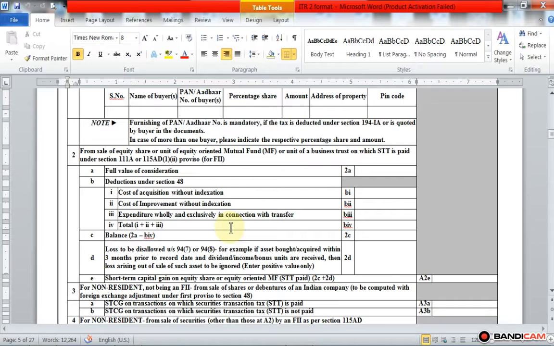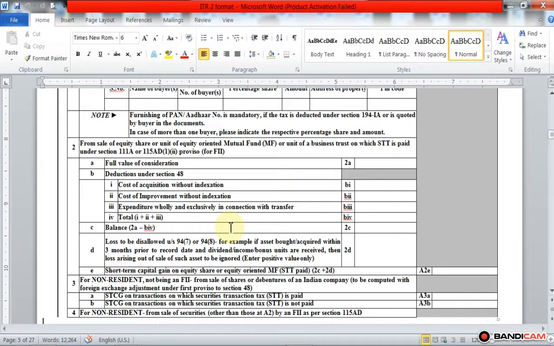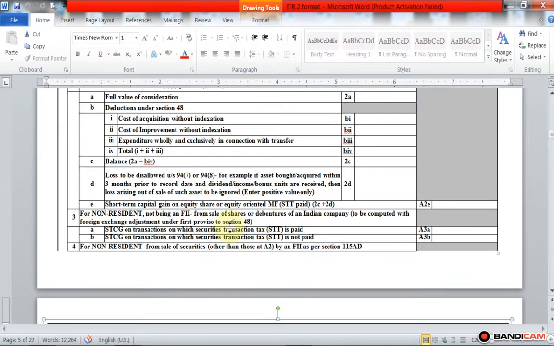That full consideration is taken into account, then the assessee gets a deduction under section 48, which relates to the cost of acquisition without indexation, cost of improvement and expenditure incurred on transfer of such shares. Then we fill in the total, then balance, then loss.